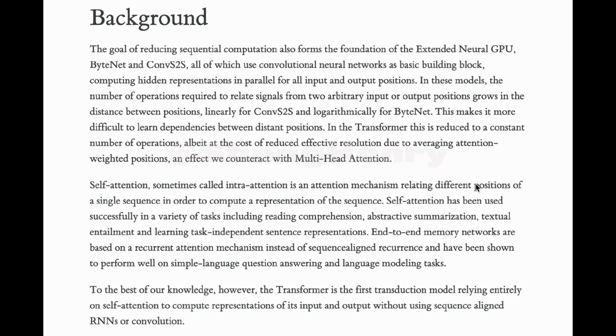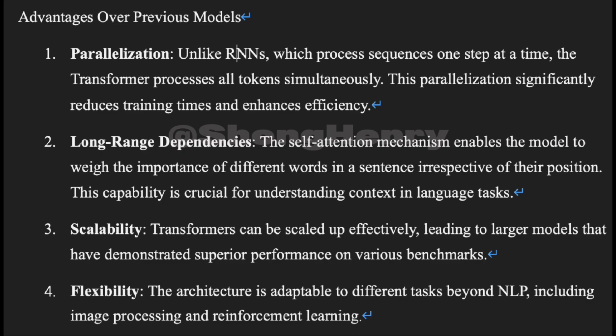However, these models face limitations in handling long-range dependencies due to their sequential nature. The transformer addresses these shortcomings by employing a self-attention mechanism that allows for parallelization and better representation of input data.